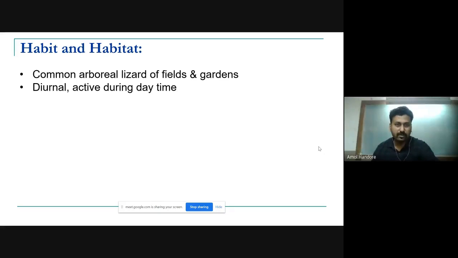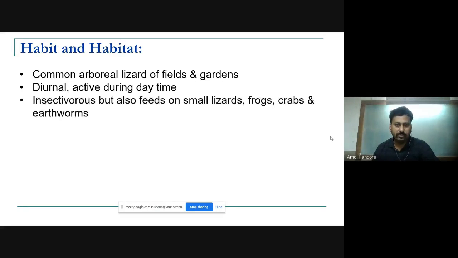For their foraging, that means collection of food, or other activities like mating, all of that is done in the daytime. That's why they are most active in the daytime, so diurnal. They are insectivorous. They feed on small insects, even other small lizards, small frogs, crabs, and even earthworms. So this is their food preference.